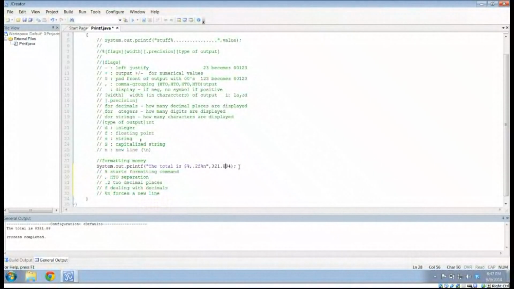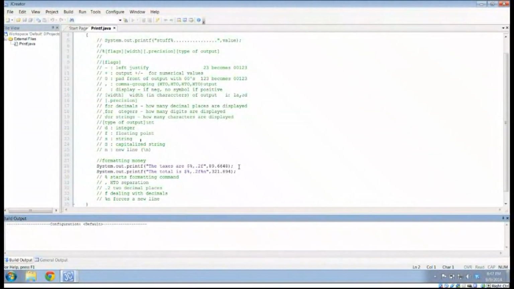forces a new line. Because if I was to put another line here, like if I was to say System.out.printf, the taxes are, and then $, percentage, comma, .2, f, without the %n, and I wanted to put like 89,648.